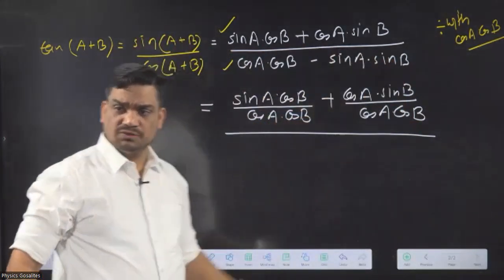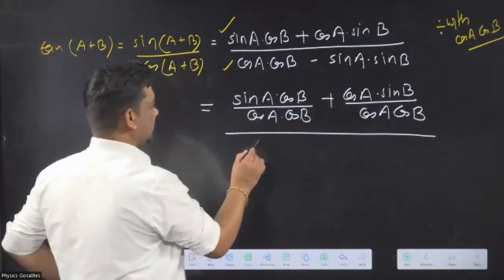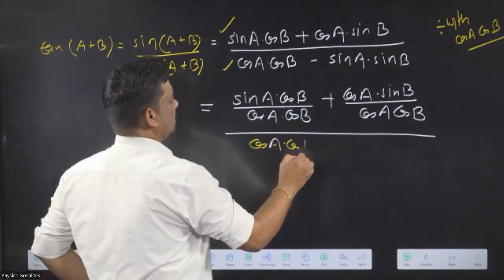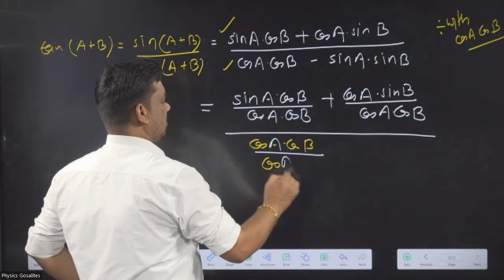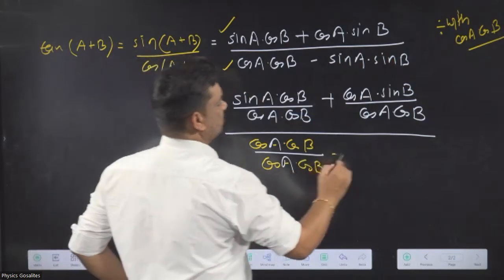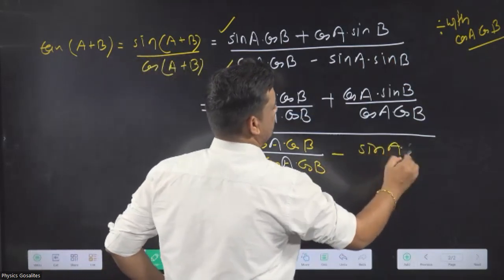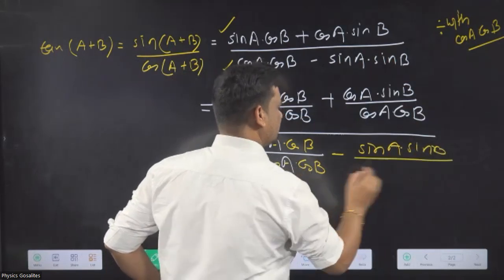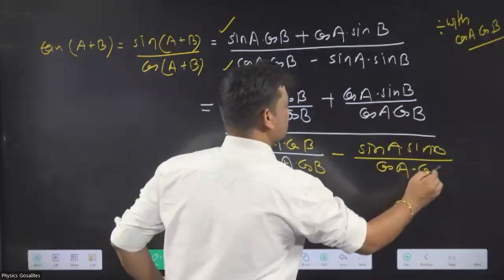Then downside, cos A cos B divided by cos A cos B, minus sin A sin B divided by cos A cos B.